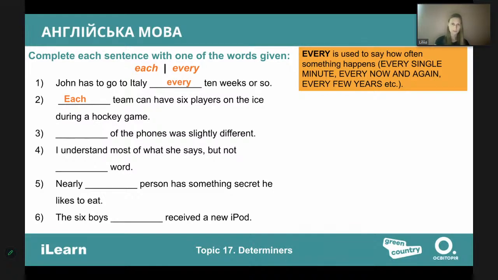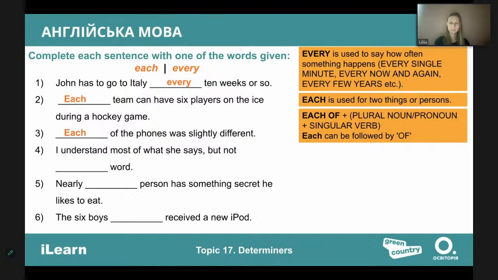Okay, number 3. Each of the phones was slightly different. So when we have this of, it's about each. Кожен з. Number 4. I understand most of what she says, but not every word.